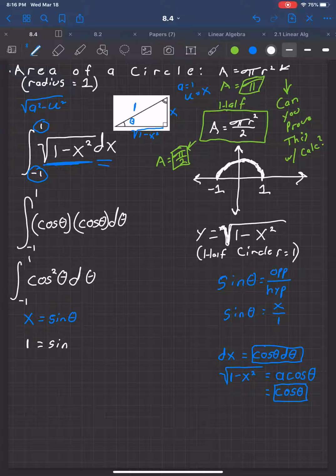So 1 is equal to sine of theta, and then set x equal to -1. And then solve for theta, right? So you're just going to take sine inverse, and we would know that sine is equal to 1 when theta is 90 degrees, right? Pi over 2.